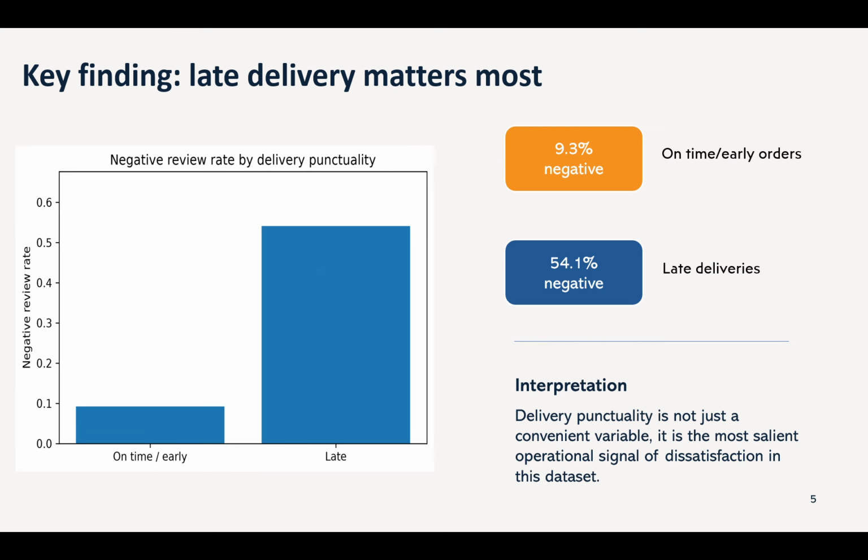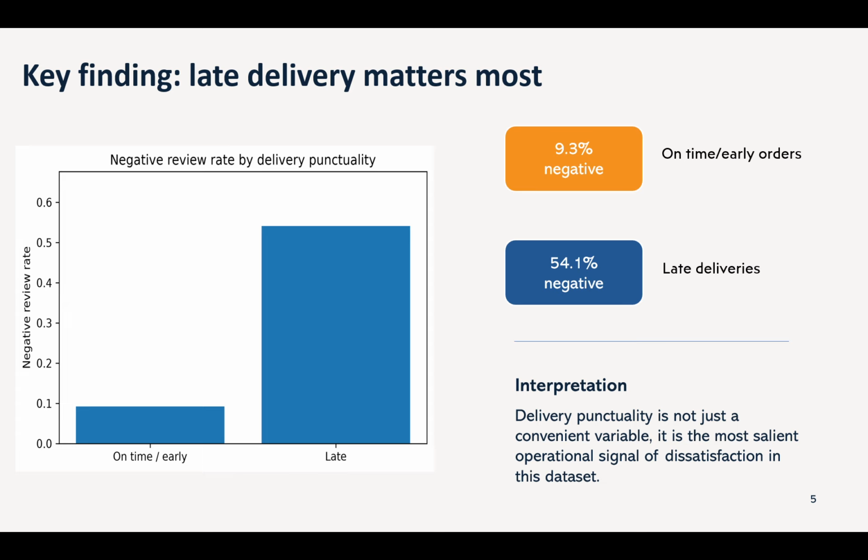Key finding. One of the strongest findings was that late delivery is strongly linked to negative reviews. For orders delivered on time or early, the negative review rate was only 9.3%, but for late deliveries, the negative review rate increased to 54.1%.